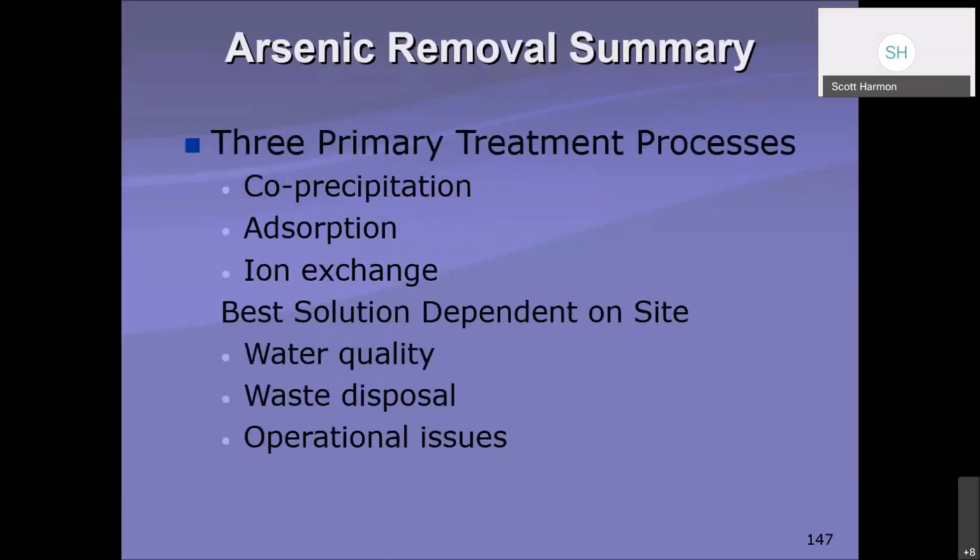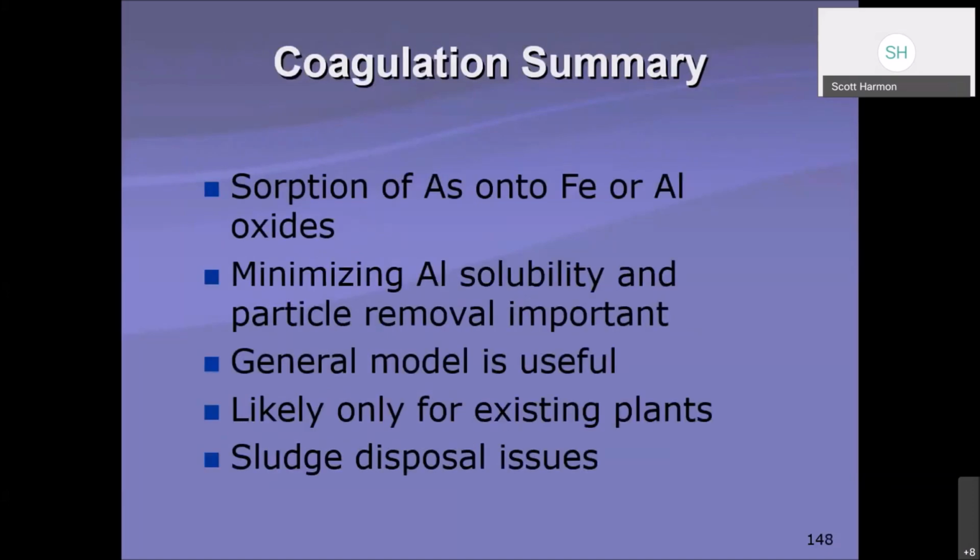So again, just to summarize what we've talked about here, the three primary treatment methods today: co-precipitation, adsorption, and ion exchange. The best solution depends on the site, your water quality, waste disposal, and operational issues. I'm going to summarize each one because it's been a while since we talked about a few.